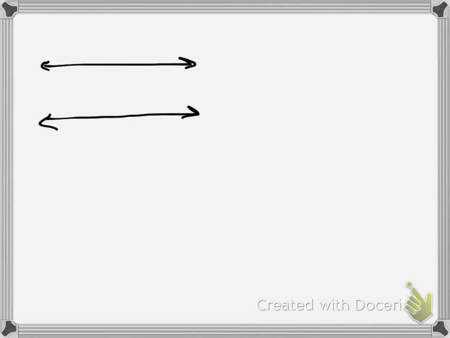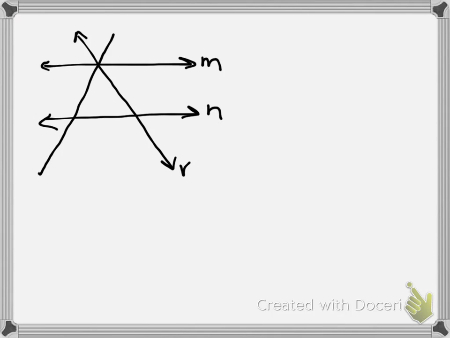We have line M, line N, and then we've got line R. We have line P, and then we have various points of intersection. So I'm going to color them out.